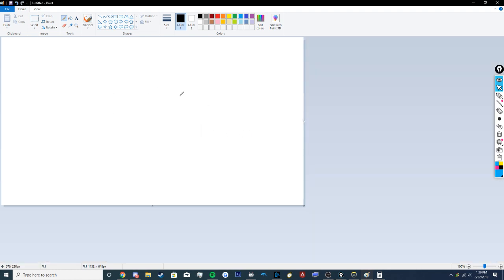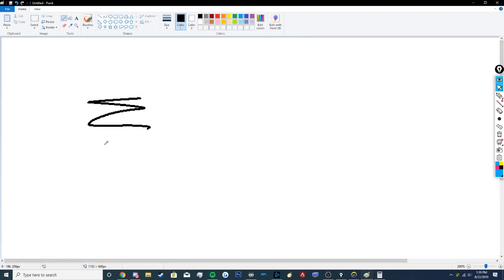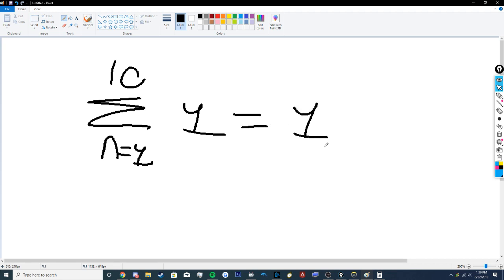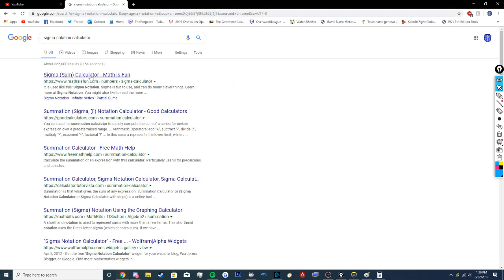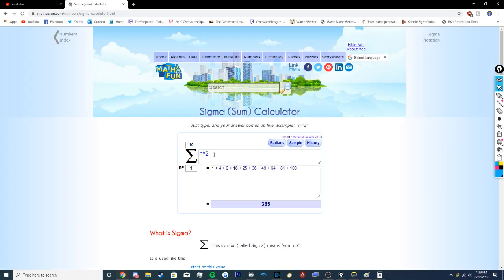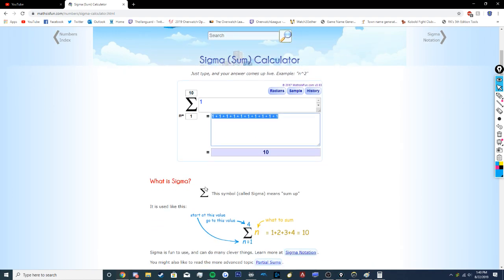The reason I was confused about this is that this might just equal 1. Let me make sure. Sigma notation calculator. Oh no, 1. No, okay, it is what I said. It is 10. Alright. That's what I thought.